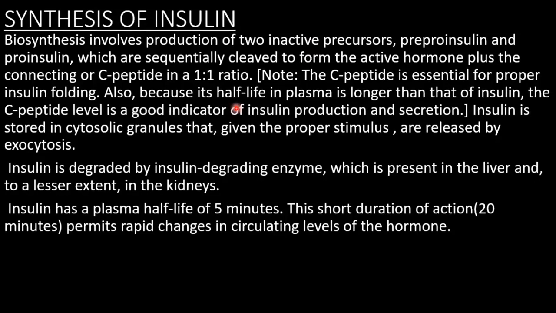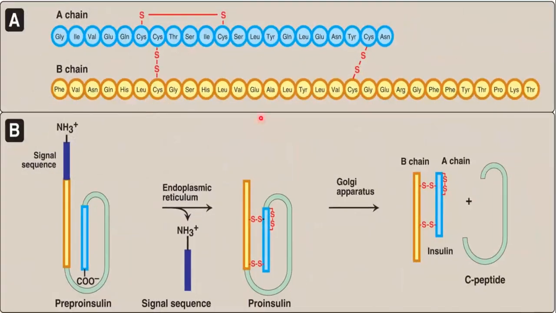Now, synthesis of insulin. We have 2 inactive precursors of insulin, that is pre-proinsulin and proinsulin, which are usually cleaved to produce the active hormone, that is insulin. Let me go back and show you something here. This is pre-proinsulin. You can see pre-proinsulin has the signal sequence attached to the N terminal of it.